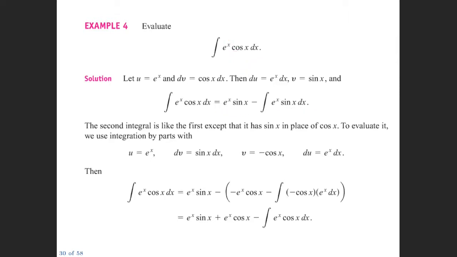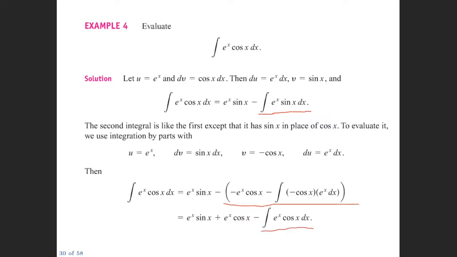And this is another example of one where we have to do integration by parts a second time. Do the same technique on the integral of e to the power x sine x dx. And we get this term which I've just underlined, minus e to the power x cos x minus the integral of minus cos x e to the power x dx.